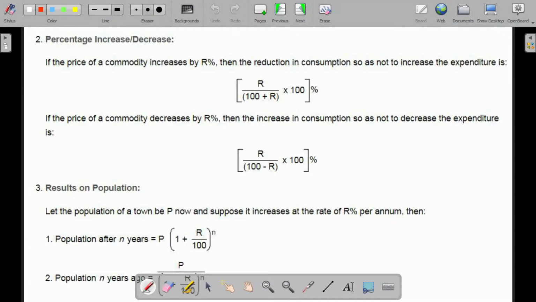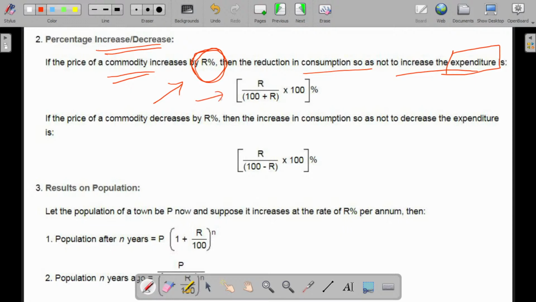Next, there are some formulas when the percentage increases or decreases. If the price of the commodity increases by R percentage, suppose you get a problem statement such that the price is increased by R percentage, then the reduction in the consumption so as not to increase the expenditure is R divided by 100 plus R into 100 percentage.